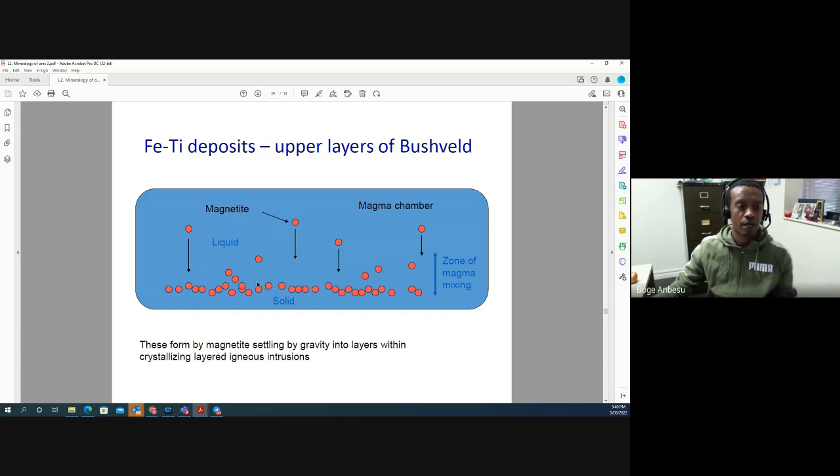Obviously, over time, that accumulates and accumulates, and therefore you have a layer of magnetite, in this case in Bushveld, which will typically be a very high percentage iron, which you can then go about and recover the iron from.